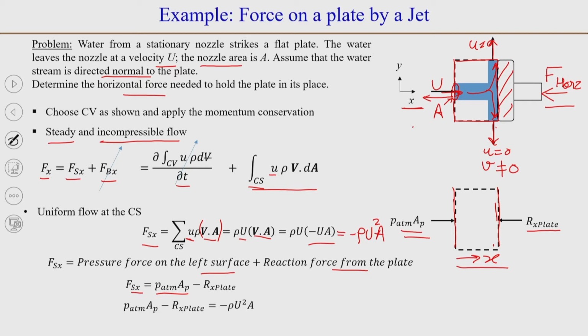So, from this we can rearrange and write F_sx is equal to minus rho U squared A. So, P atmospheric multiplied by A_p, which is the pressure force on the left surface, minus the reaction force by the plate on the control volume, is equal to F_sx, which is equal to minus rho U squared A. So, now if we rearrange and find R_x plate, the reaction force on the plate, that will be equal to rho U squared A plus P atmospheric A_p, but this is the reaction force that the plate applies on the control volume.